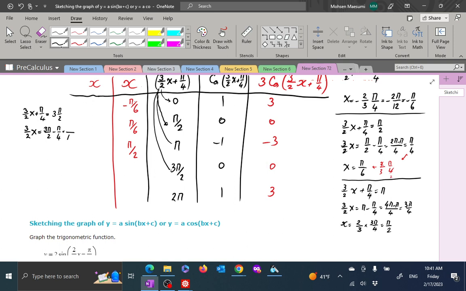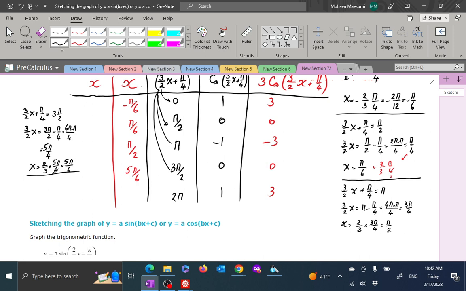Take a common denominator. This becomes 6 pi minus pi, and that becomes 5 pi over 4. So x becomes 2/3 of 5 pi over 4, and this becomes 5 pi over 6. Is that right? So I write here, this is 5 pi over 6.